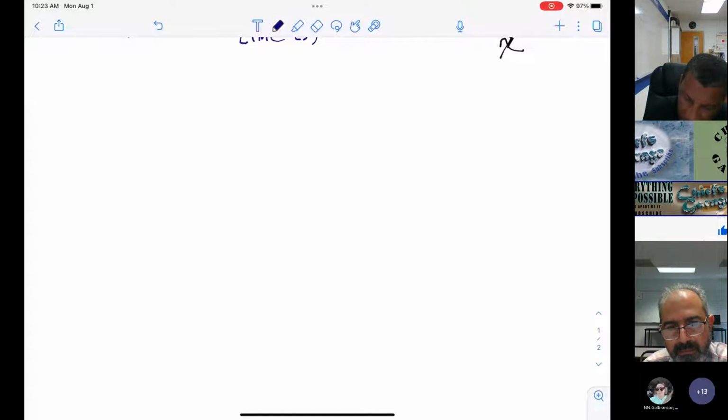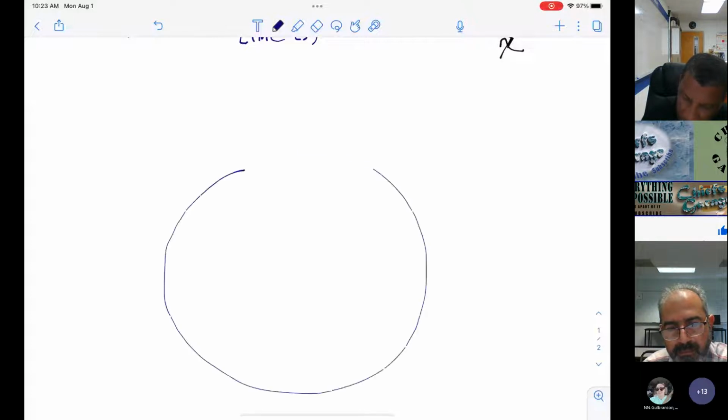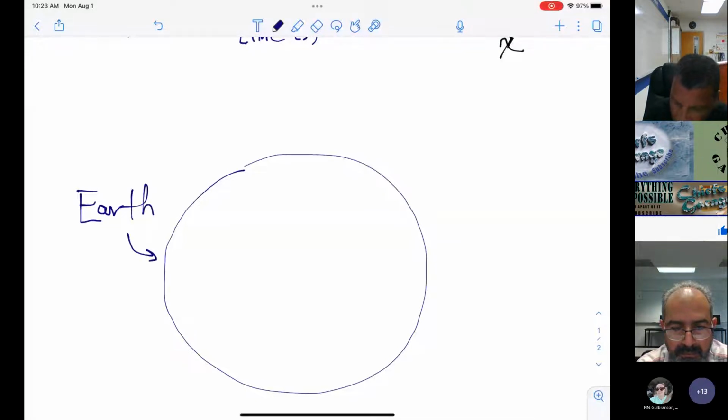We have ourselves the planet Earth. Okay. And Earth has a mass, M sub E, and it also has a radius, R sub E here.